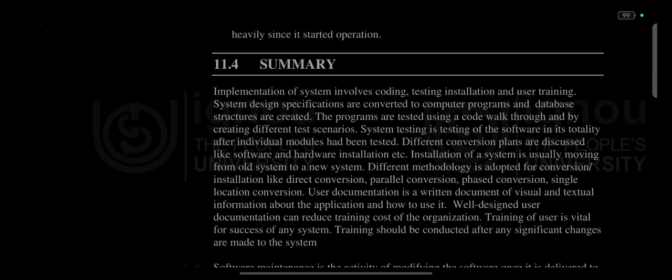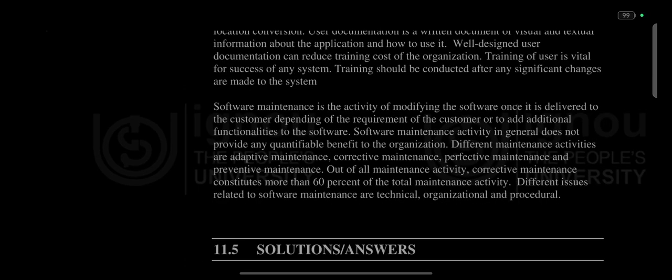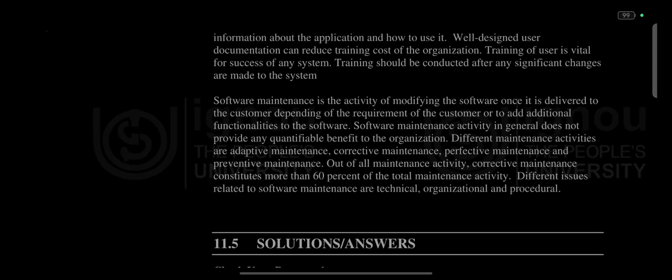Training should be conducted after any significant changes are made to the system. Software maintenance is the activity of modifying the software once it is delivered to the customer depending on the requirement of the customer or to add additional functionalities to the software. Software maintenance activity in general does not provide any quantifiable benefit to the organization.